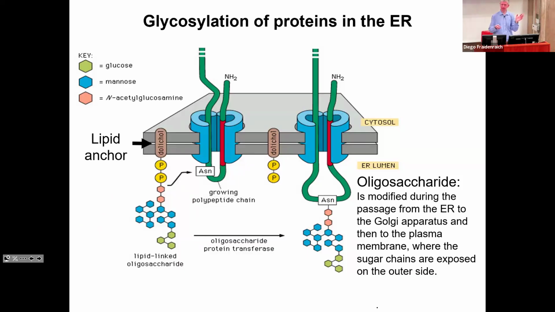So these sugar components may be characteristic features of, for example, mammalian cells. Cell-cell interaction would be facilitated by these sugar components. Okay, so what you need to know is that this oligosaccharide is attached during the translocation process.